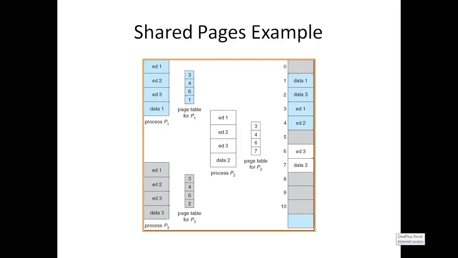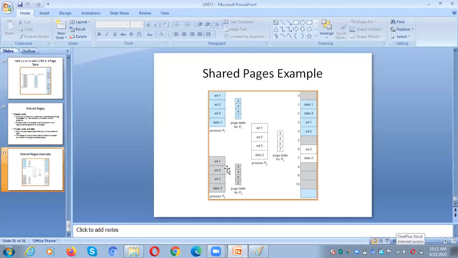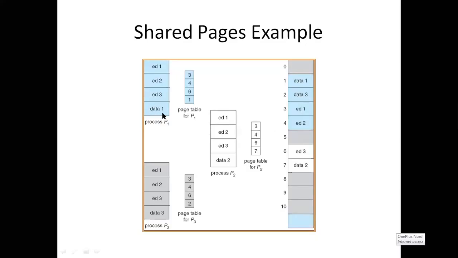Okay. So data 1 is different, data 2 is different, data 3 is different. So what we did, data 1 is kept in the frame 1, data 2 is kept in 7th frame, data 3 is kept in 2nd frame. If you observe here, follow the cursor. Data 1 is kept in the frame 1.